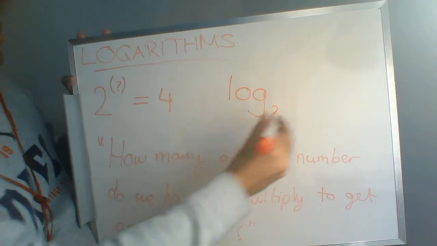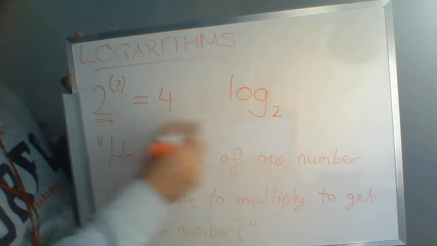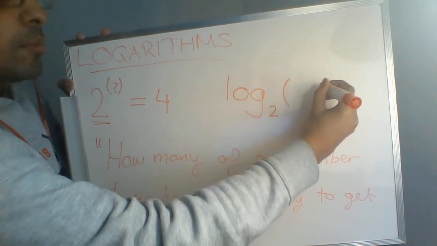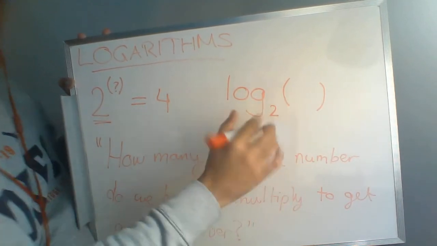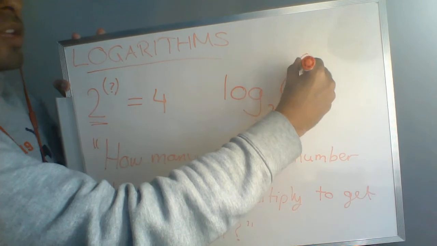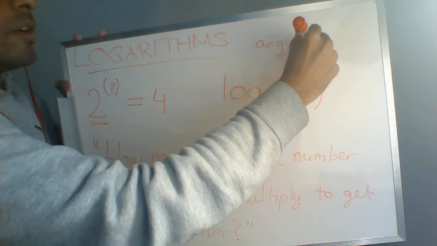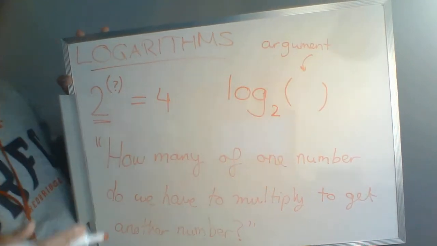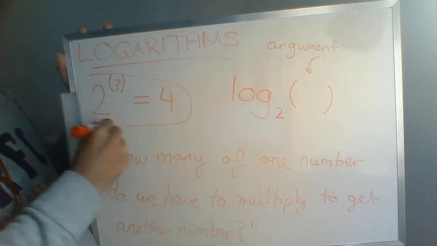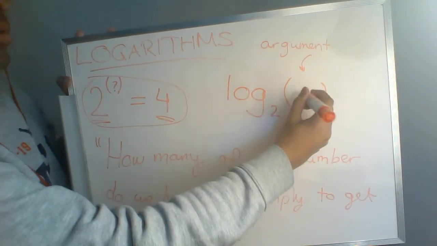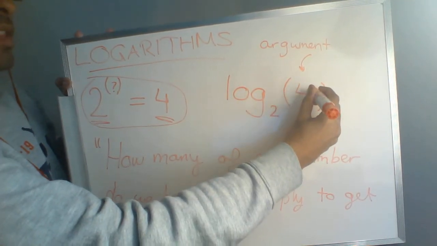Log base 2, so right, this is our base, so we would read this as log base 2, but log base 2 needs to have something in brackets, something that, you know, a math major might call the argument. We can, if we're thinking about it in terms of this, we could say the answer is the number that you put in these brackets here.